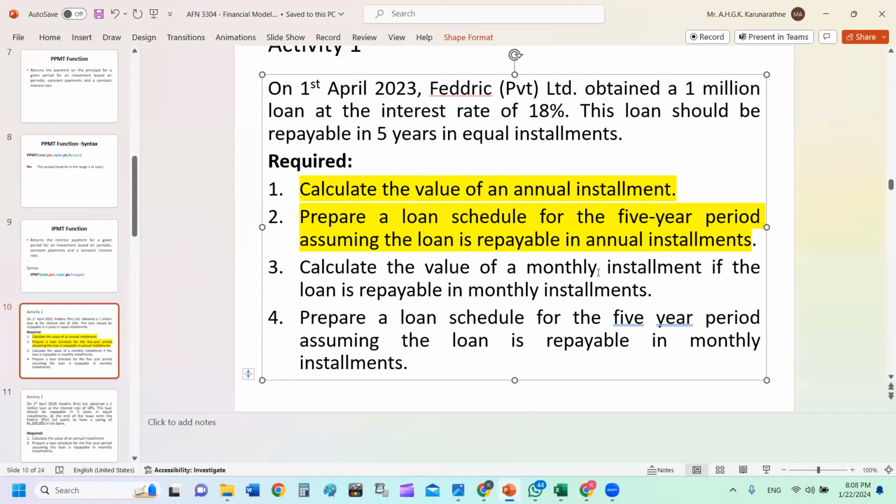Your parents, if they have borrowed, are definitely repaying their loan by way of monthly installments, right? We'll see how we can solve the same scenario: we borrowed 1 million at a rate of 18% for 5 years, and the loan is repaid by way of monthly installments.